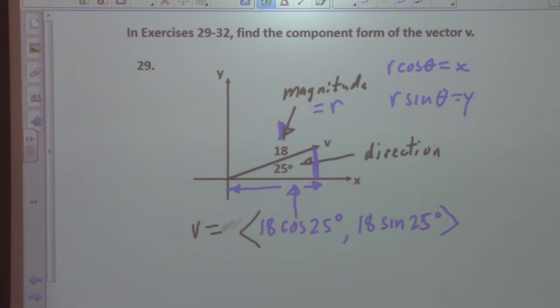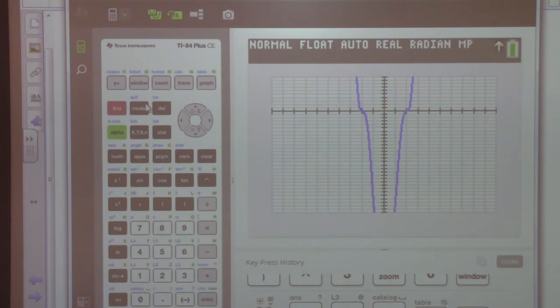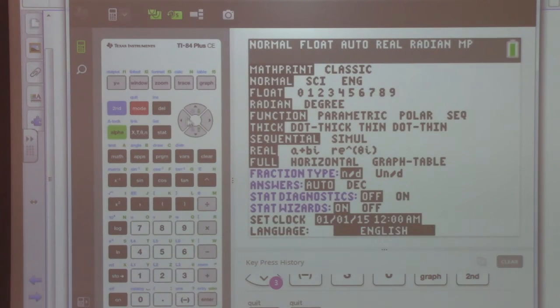Mathematically, we have a correct answer in hand right here. Now the book wants you to finish it off by putting these in a calculator and getting a numerical equivalent. So we go to our calculator, and I want to get to degrees.